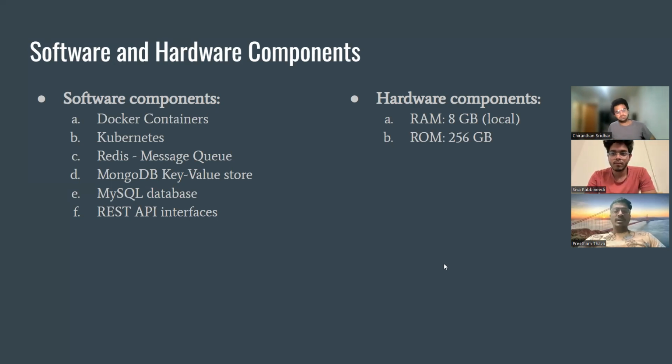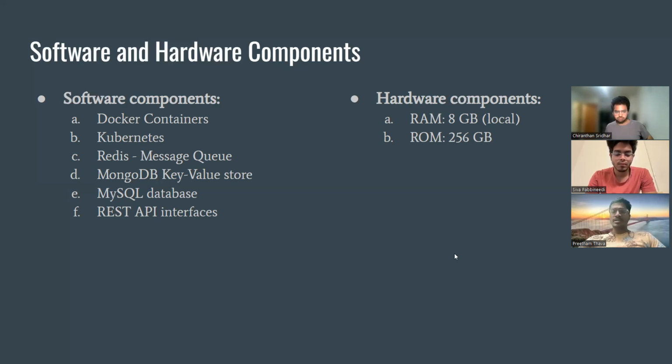The MongoDB key value store is used as our audit DB to store collections of items and the prices along with the final order. And the MySQL database is used by the station and the store DB, where it stores what all items it has and what all items it can sell. The REST API interfaces are the API routes we use to interact between each component using HTTP.